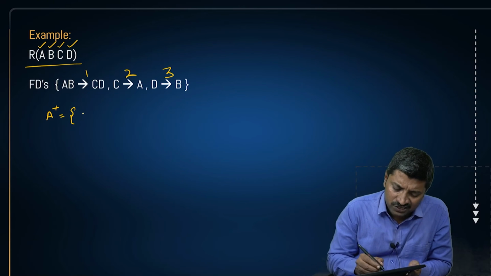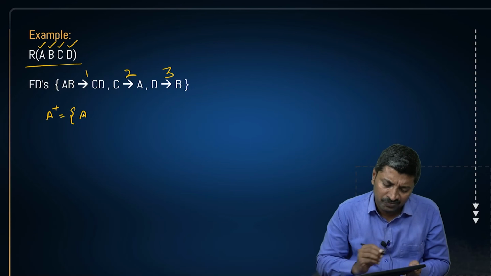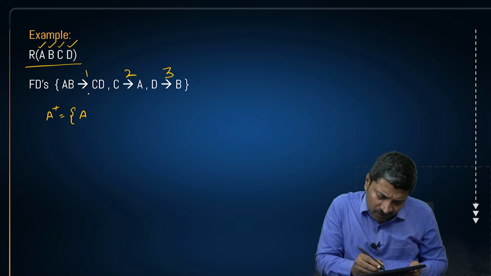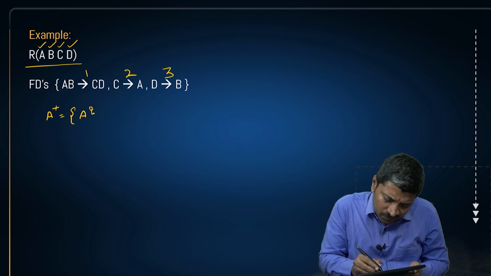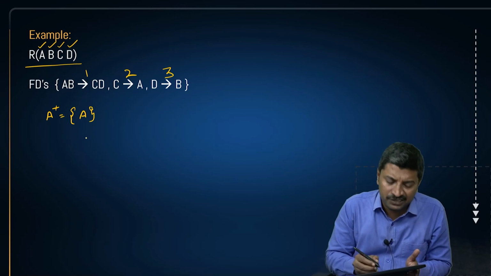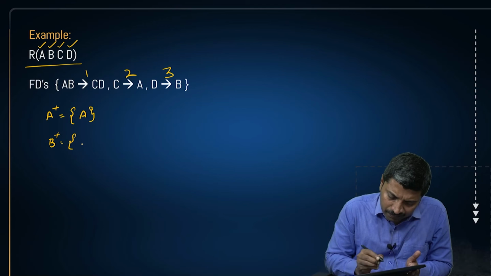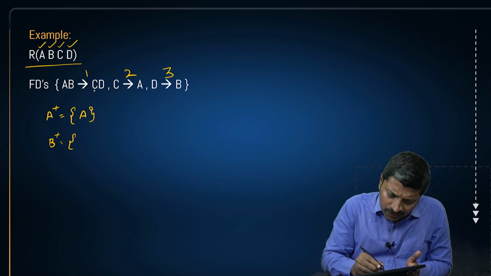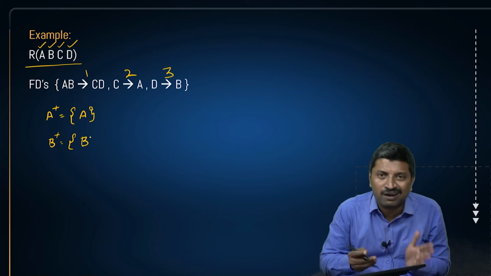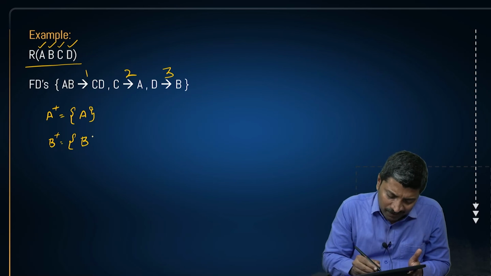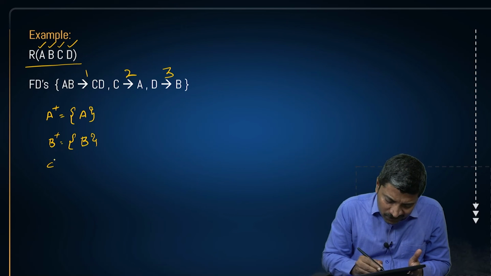What is the closure of A, sir? Trivially it contains A. Anything else, sir? A is not giving any values, so closure of A is A itself. What about closure of B? With B we cannot find anything, but it always gives B, so we can write B. What about C, sir?